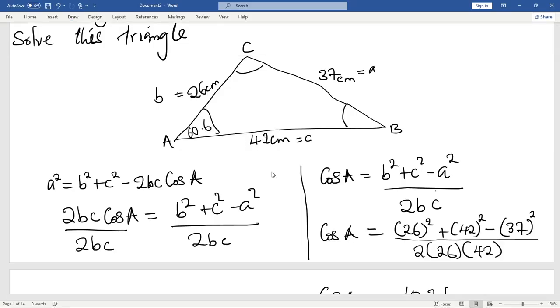So let's use the cosine rule again to find the size of the angle C or B. Then we're going to add the two angles that we find and subtract them from 180 to get all the angles that we need inside this triangle. Okay, I'll just erase what is here so that I use the same space to calculate the size of the angle C.